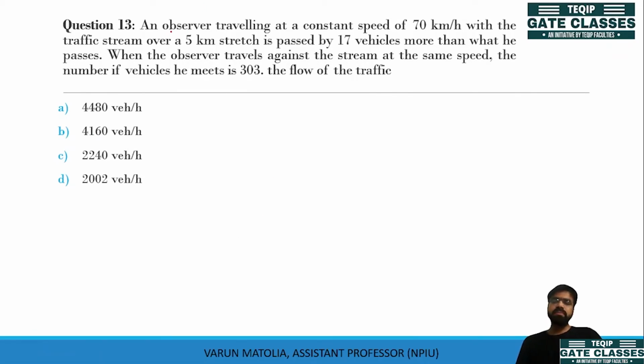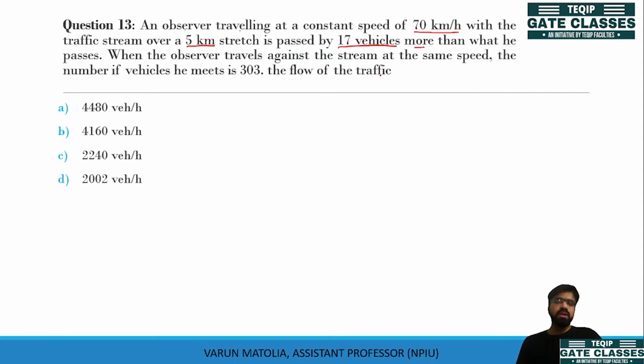Next question says, an observer traveling at a constant speed of 70 kilometers per hour with a traffic stream over a stretch of 5 kilometers is passed by 17 vehicles more than what he passes.